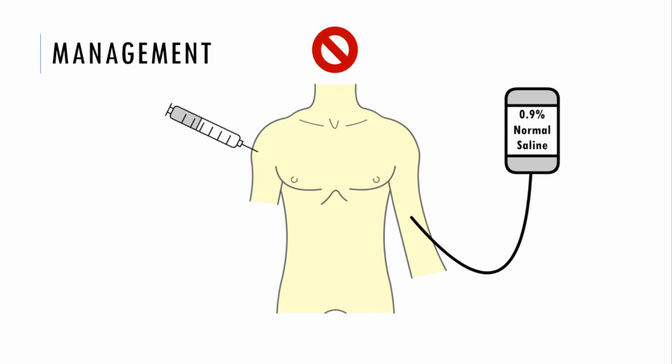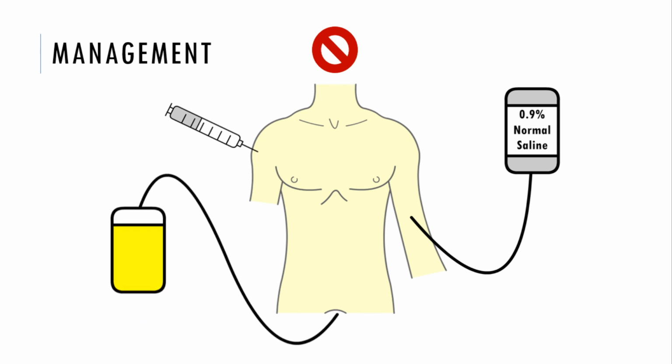We need to offer them adequate analgesia, and a lot of the times we need the assistance of the pain team or the anesthetics with PCA pumps. And finally, we need to monitor their fluid balance, either with collecting urine or with placing a urine catheter.